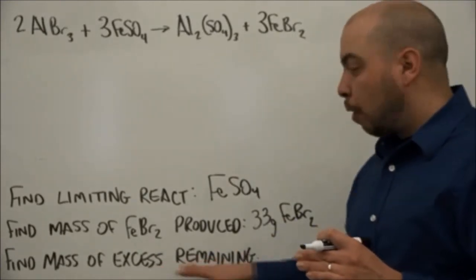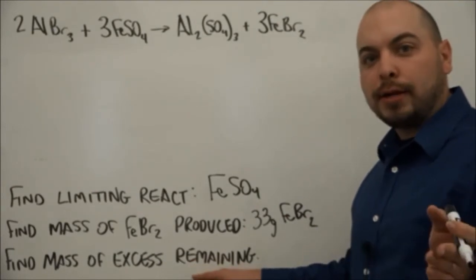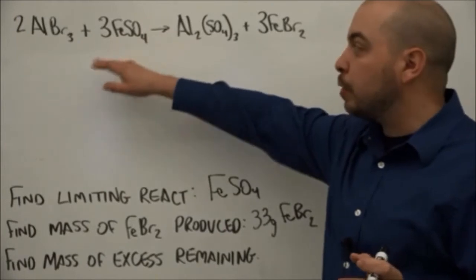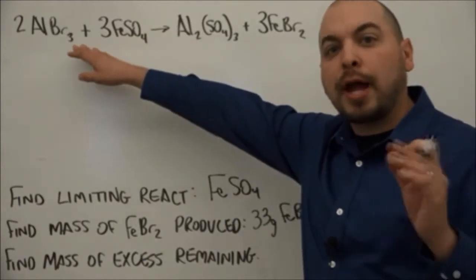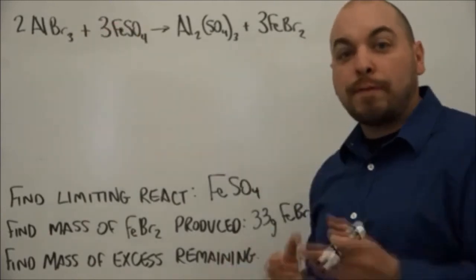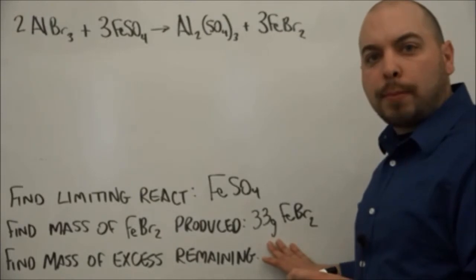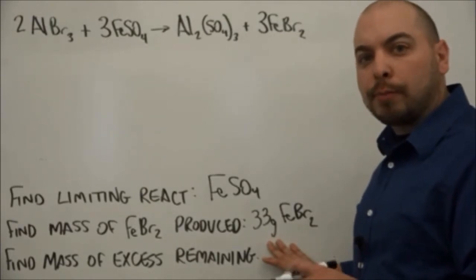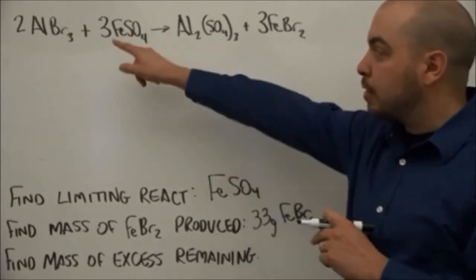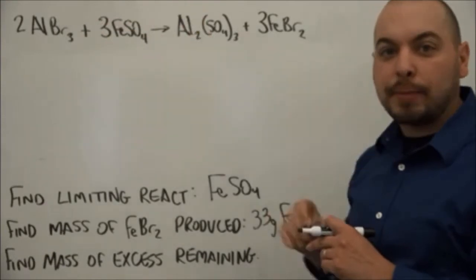For the final part of this, we need to figure out how much excess reactant is going to remain. We now know that the iron sulfate is our limiting reactant, which means aluminum bromide must be our excess reactant. In order to figure out how much excess reactant remains, we first need to figure out how much was used. Because we know we produced 33 grams of iron bromide, we're going to use that value to do stoichiometry and go back to figure out how much aluminum bromide was actually used.